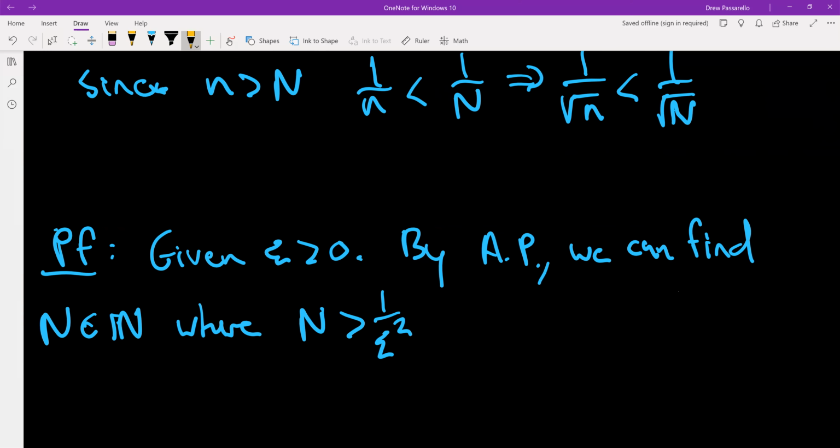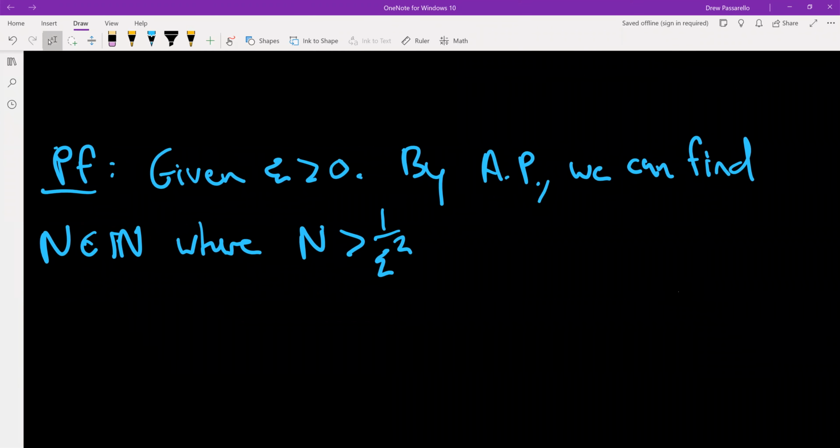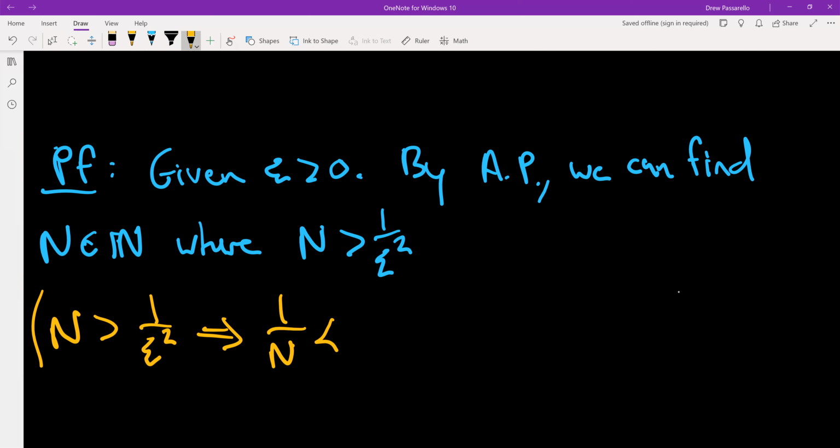So in other words, and this is kind of an aside, you don't have to put this in the proof, but I think maybe it helps. If N is greater than 1 over epsilon squared, that means 1 over capital N is less than epsilon squared, which means, square rooting, we have 1 over square root of capital N is less than the square root of epsilon squared.